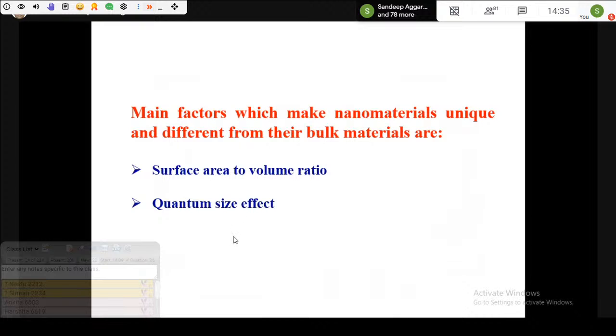So what we came to know is that at nano scale, these are the major factors that influence their properties, and that we say makes the functional nanomaterial, because of this size effect. So these two properties, surface area to volume ratio and quantum size effect, are the major points which make these materials very, very important.